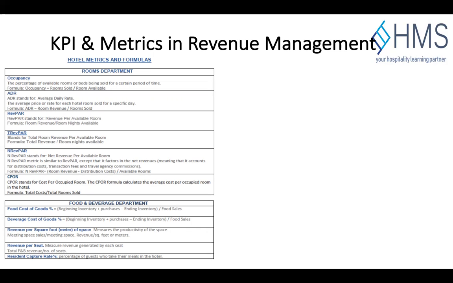And total RevPAR is the total revenue per available room. Net RevPAR is room revenue minus distribution costs divided by available rooms. So with the help of referring to the financial statements, it is easier for the revenue management team to work with these metrics and to compute the same and to compare and contrast the results.